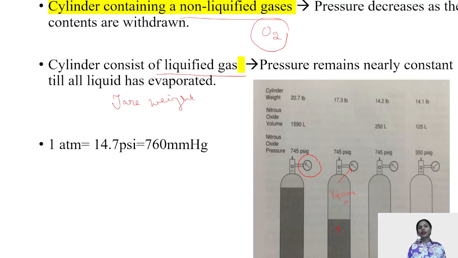It is not the pressure gauge that we look at; we look at the weight of the cylinder to see how much liquefied gas has been left. So these two concepts are very important: how we check a non-liquefied gas cylinder with a pressure gauge, and how we check a liquefied gas cylinder, that is by using its tare weight.